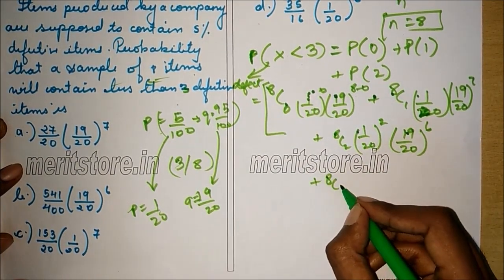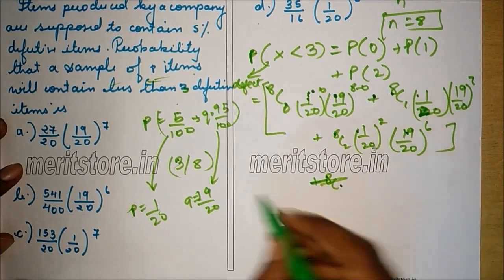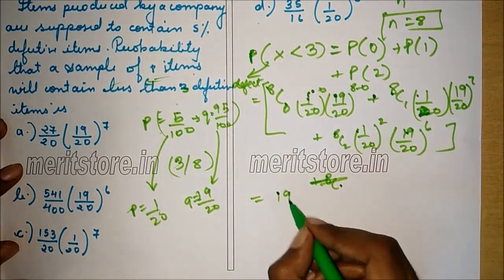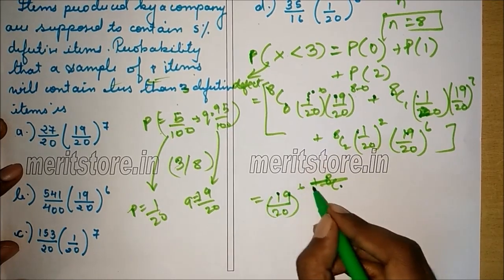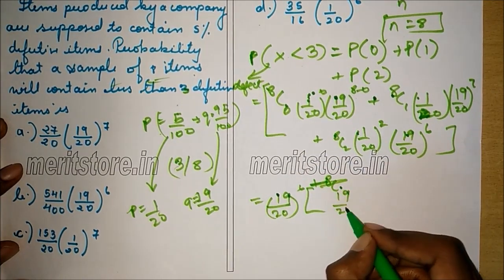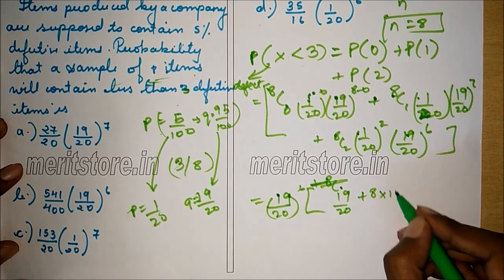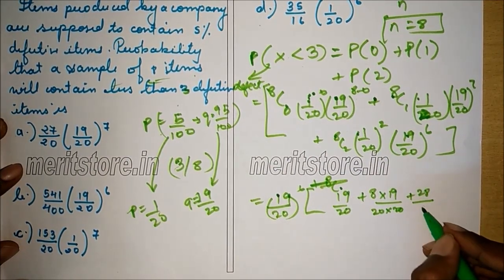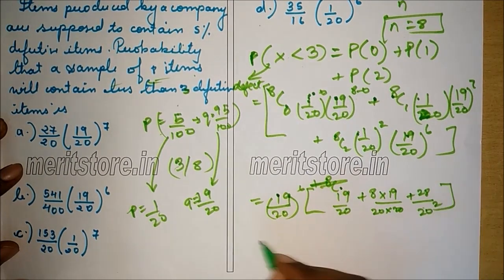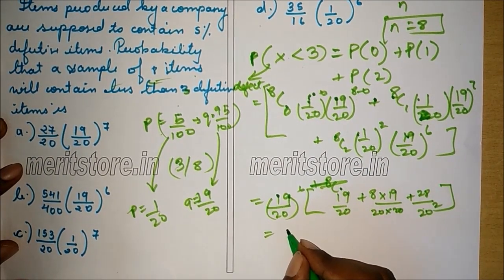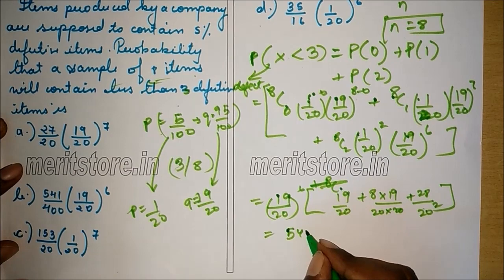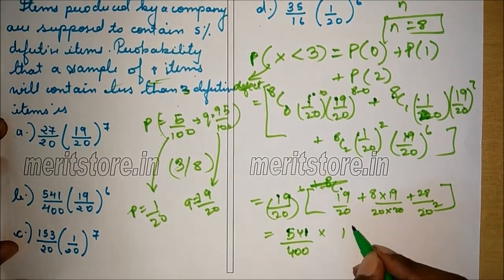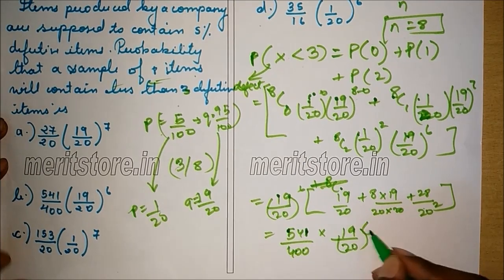So solving this, first we take 19 by 20 raised to 6 common. This will be 19 by 20 squared plus 8 into 19 by 20 into 1 by 20 plus 28 by 20 squared. So this will be 541 by 400 into 19 by 20 raised to 6, which is option B.